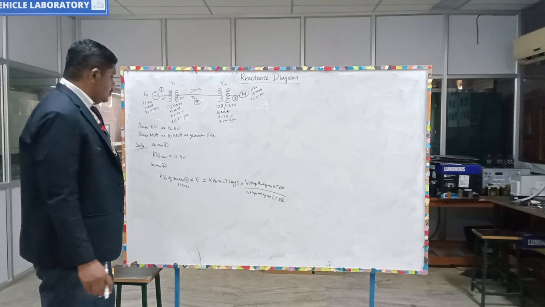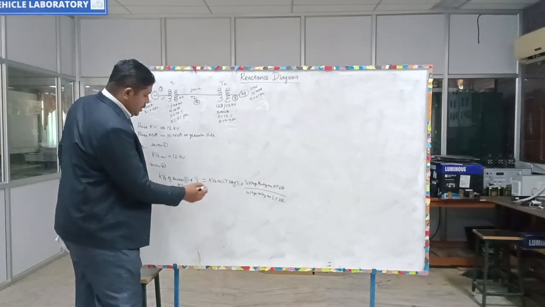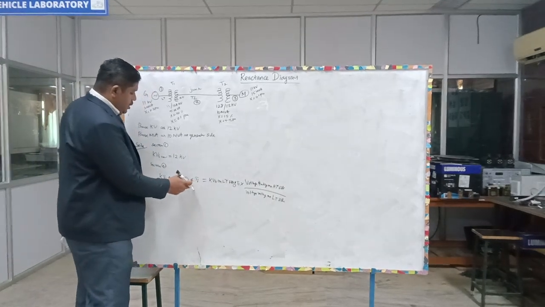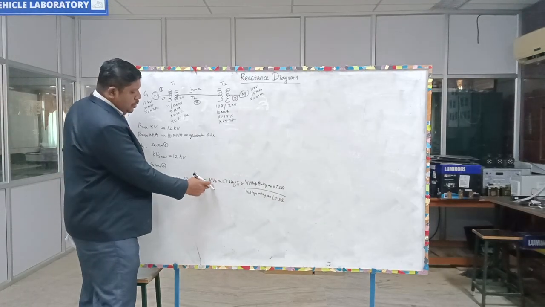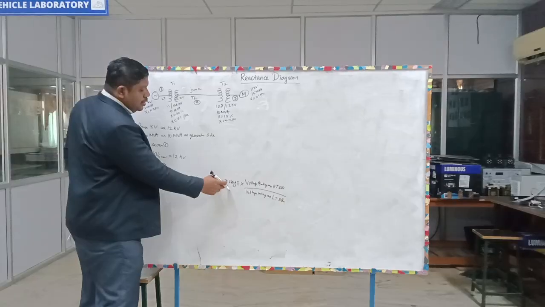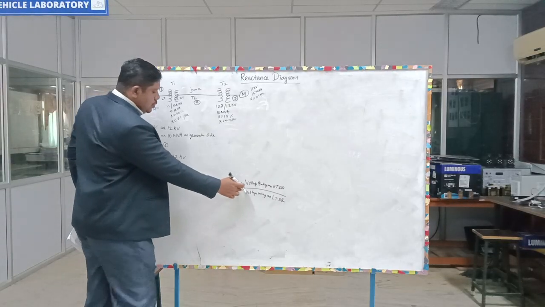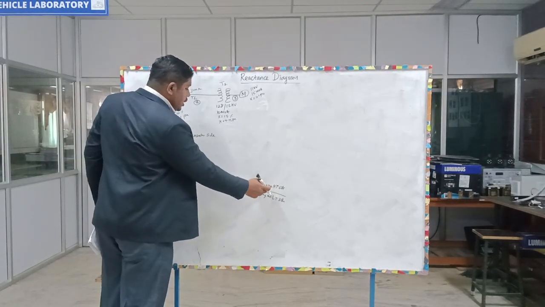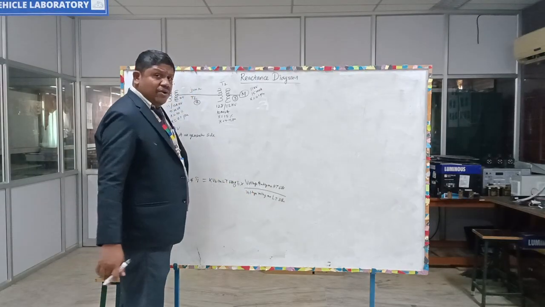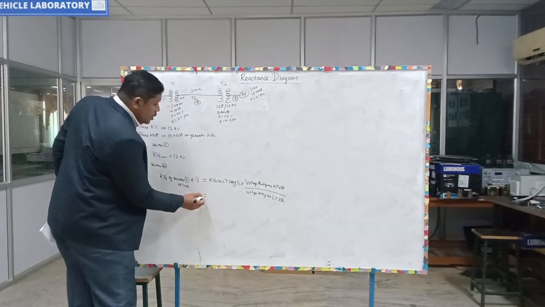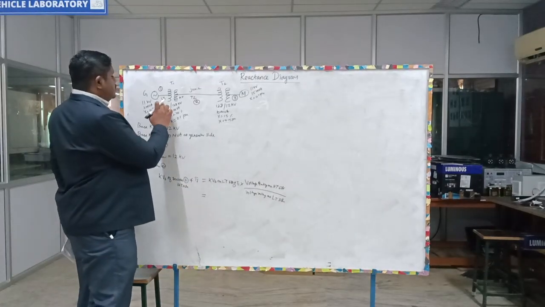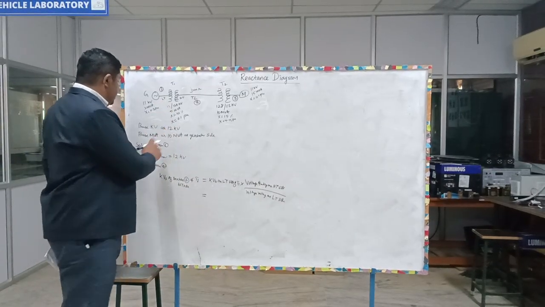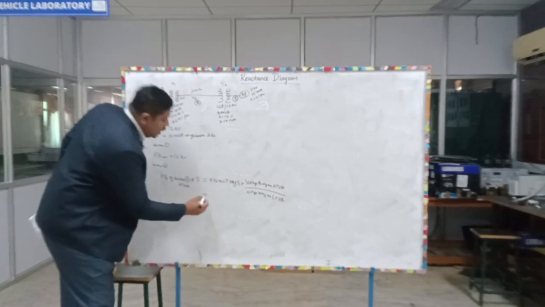So you have to substitute. What is the kV base on the LT side? This is my LT side. What is the kV base here? It's given in the problem as 12.